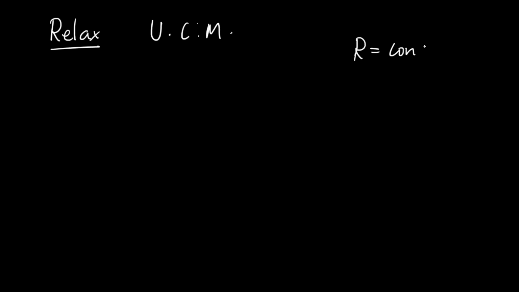This time we're going to relax and make it just slightly more complicated than uniform circular motion. So we'll continue with r equal to constant. That means the radius never changes. So it is indeed a circle, but it's not uniform in the sense that r is still a constant, so r as a function of time is still a constant.